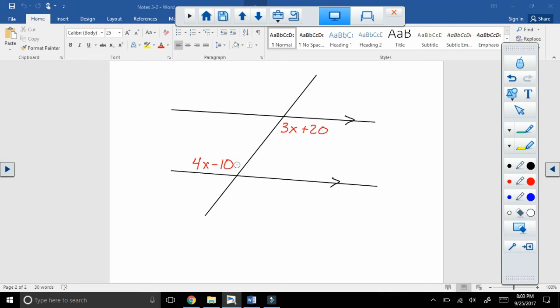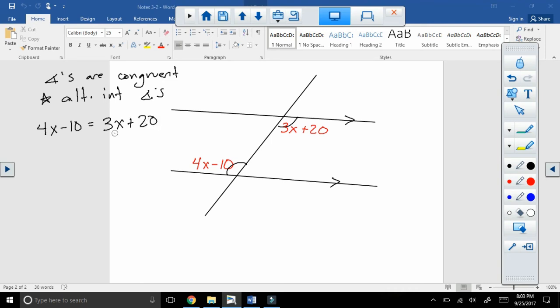So if that's what the directions say, I would look at these two angles and say, okay, these two angles here, the ones that are marked, are going to be congruent. So the angles are congruent, and the reason is because these are alternate interior angles. Because they're congruent, that means they have equal measures. So I can set 4x minus 10 equal to 3x plus 20, and I'm going to go through and solve that for x.